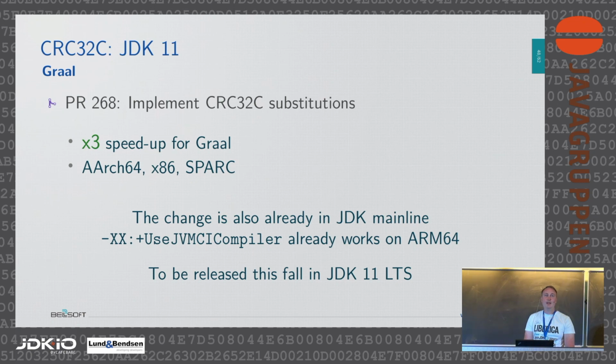So you can enable Graal on JDK11 on ARM servers, and you will have that improvement there. That's cool, I think. Okay, so we talked about Hadoop a bit, right? So what happens there? Will Hadoop benefit from that change? Actually, no.